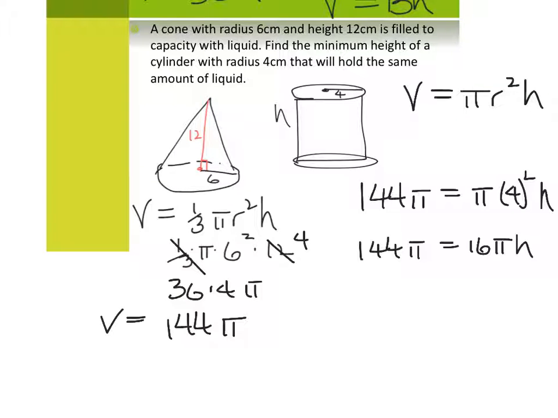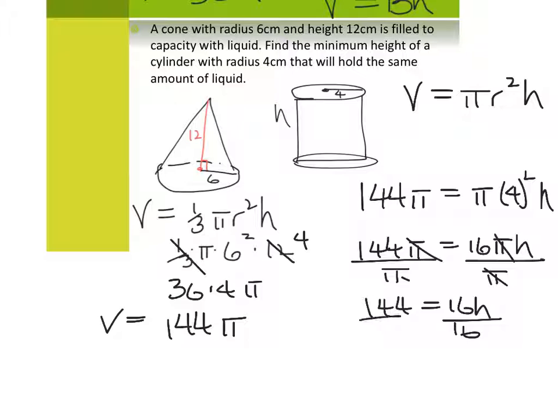I now have to get everything away from the h, divide both sides by pi, and then I have 144 equals 16h. Divide by 16. And I get a height of 9 centimeters.